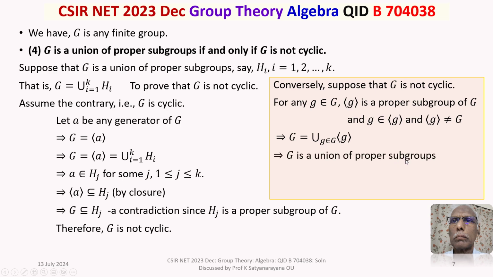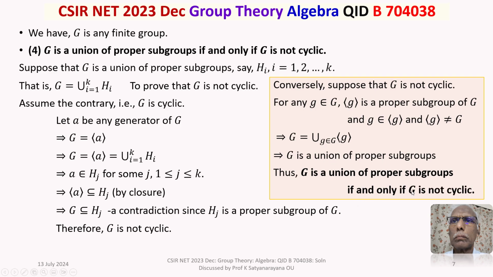Right. Good. So thus we have proved both the parts. Thus we have proved G is a union of proper subgroups if and only if G is not cyclic. Thus we have established the truth of the statement given in option 4. Therefore, option 4 is true.